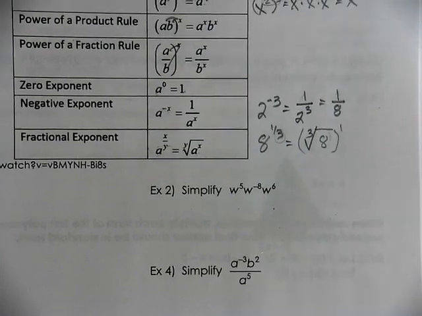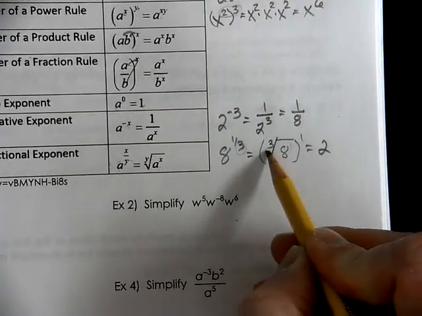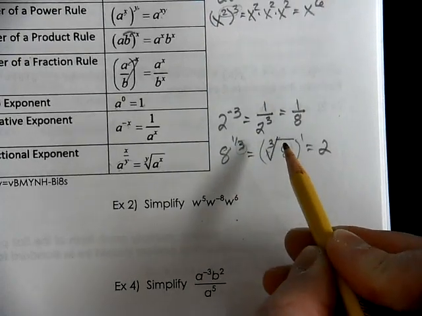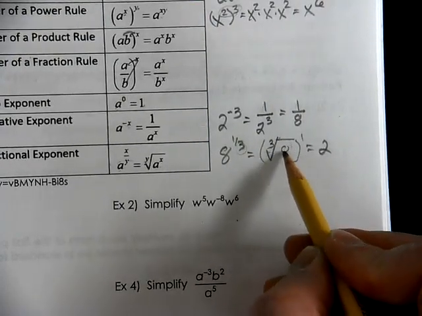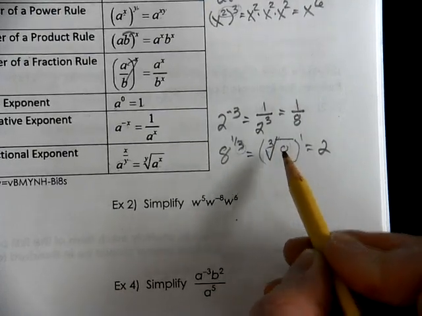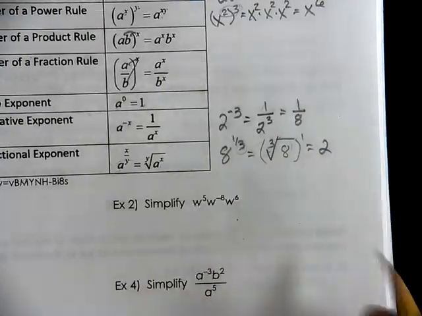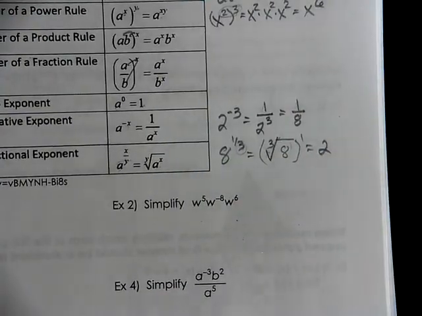It's correct in both formats. So this is the cubed root of 8: what times what times what makes 8? That's what it's asking. 3 of a kind to make 8. So that's 2 times 2 times 2 makes 8. So that's why the cubed root of 8 is 2 to the first power, which is just 2. So those are all of our properties of exponents.